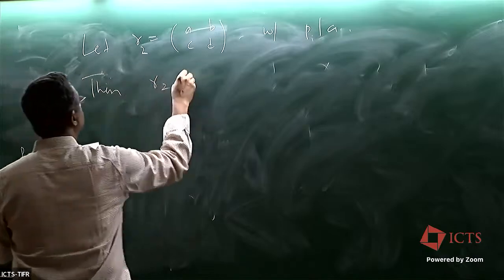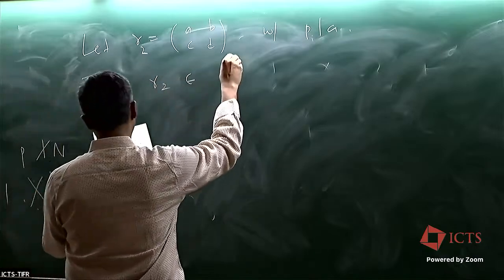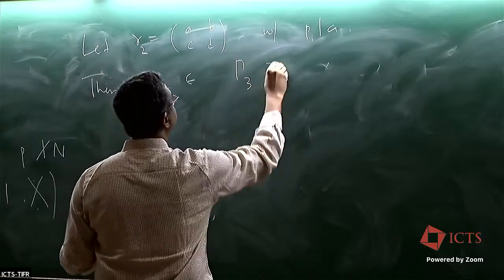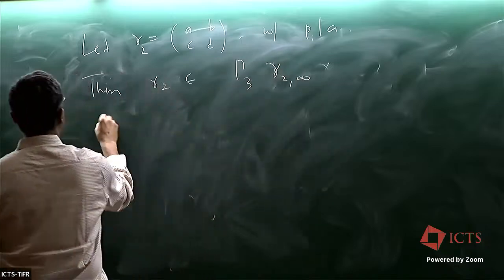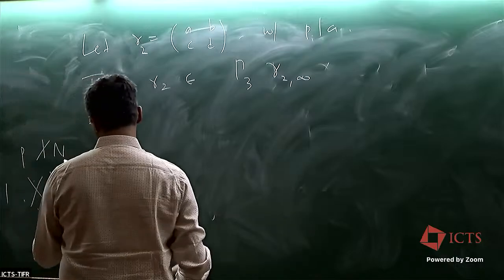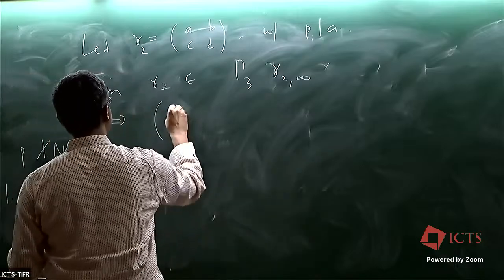Then the claim is gamma 2 belongs to gamma 3 times gamma 2 infinity if and only if, then the computation, you bring the gamma 2 infinity to this side.